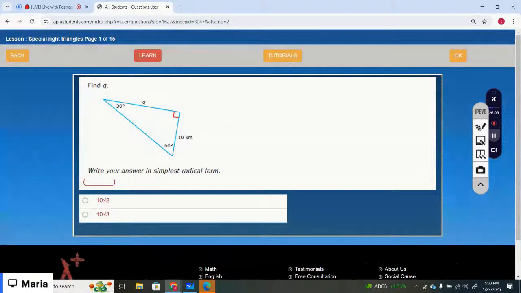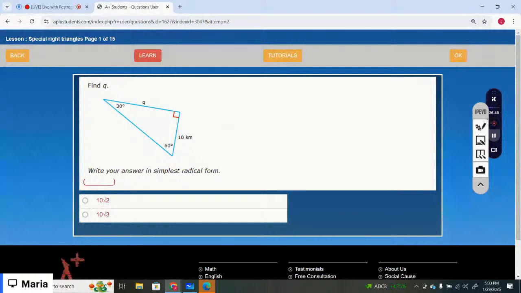Okay, you have to find Q, right? The longer length is square root 3 times the shorter leg.